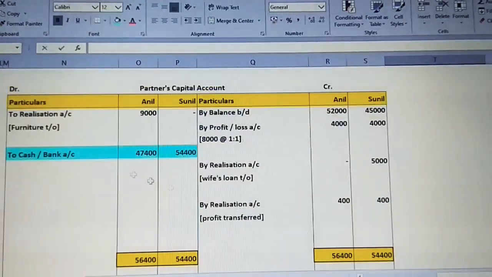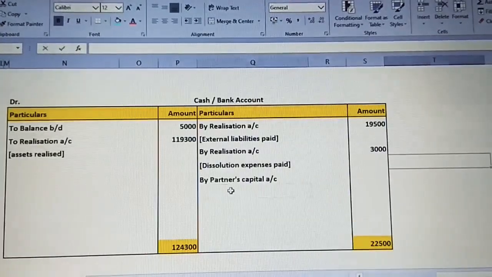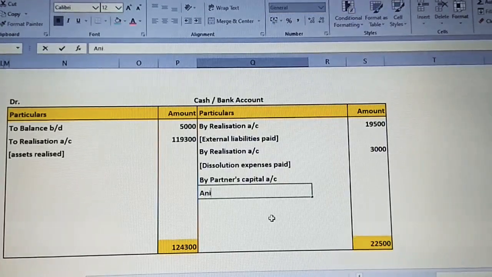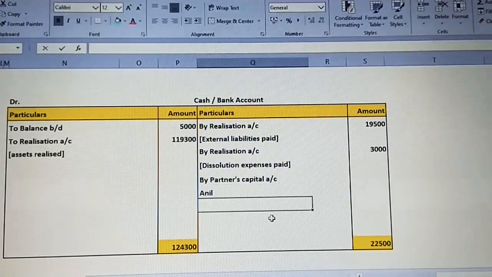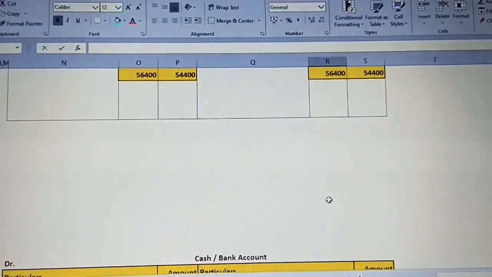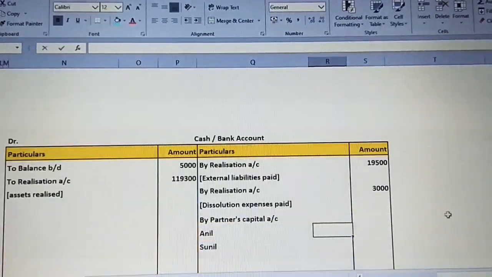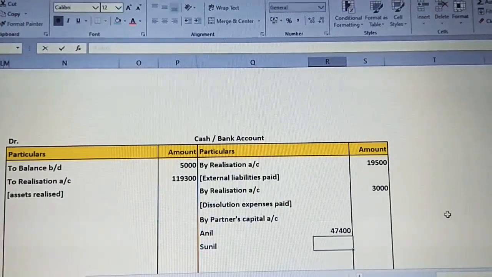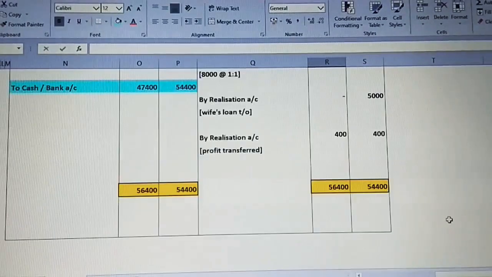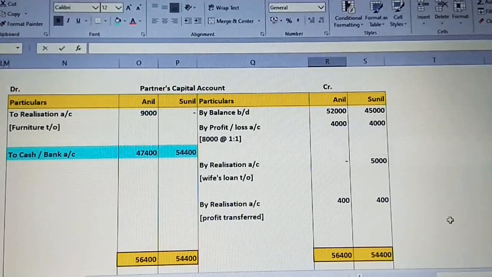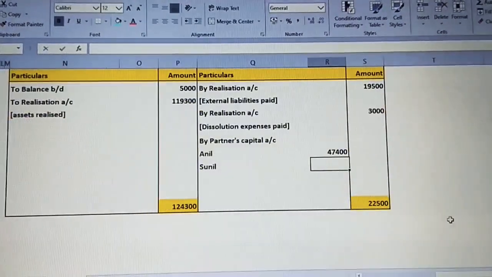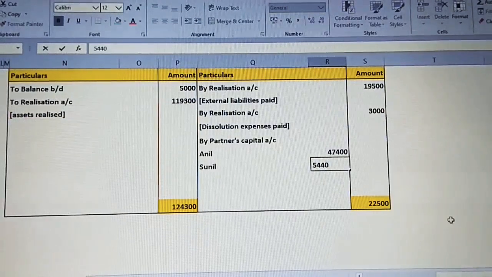Then moving on to the partners capital account, final settlement of the partner Anil and Sunil. So it's going to be taken by partners capital account, Anil and then Sunil. So there is a value of Anil. It's given as 47,400, and then 54,400.